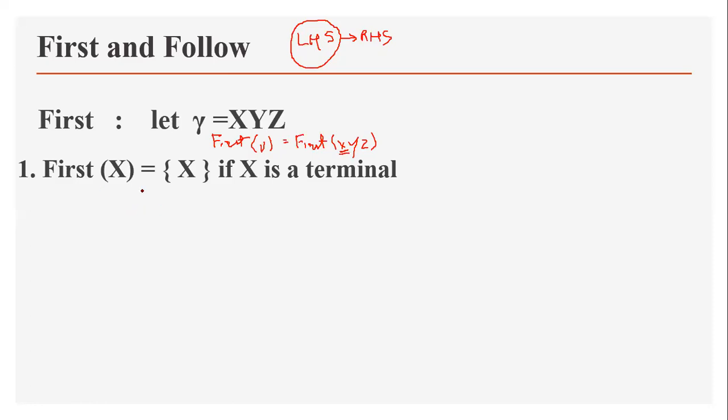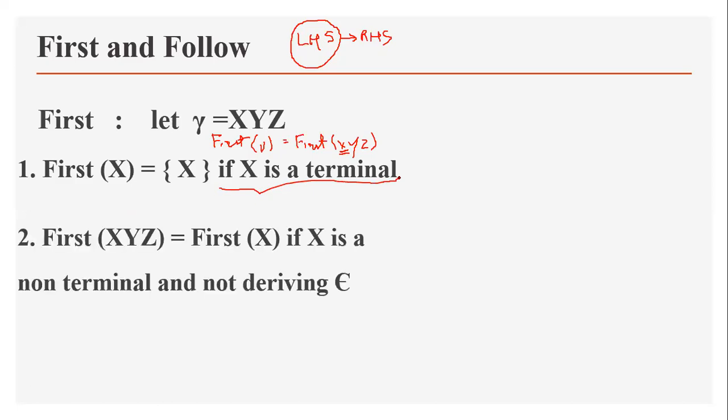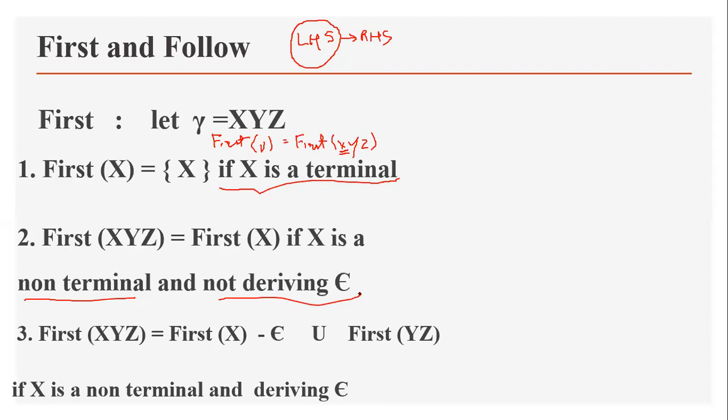First of X means what? If X is a terminal, first of X is X itself. Please remember, first of X is equal to X itself if X is a terminal. First of XYZ is equal to first of X if X is a non-terminal and not deriving epsilon. That is important. If it is deriving epsilon, then what?